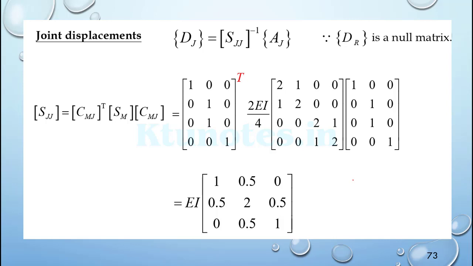The joint displacements are dj equal to SJJ inverse into AJ. Here also the DR is a null matrix. So SJJ is equal to CMJ transpose into SM into CMJ; you can substitute the equations to get the final value of SJJ.